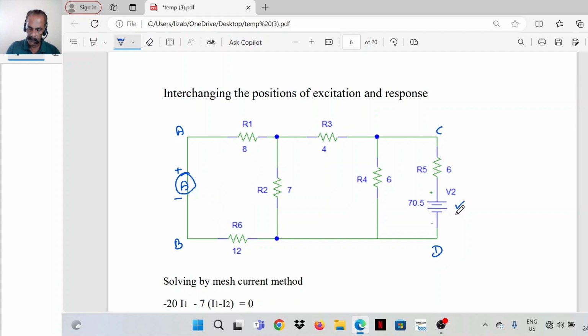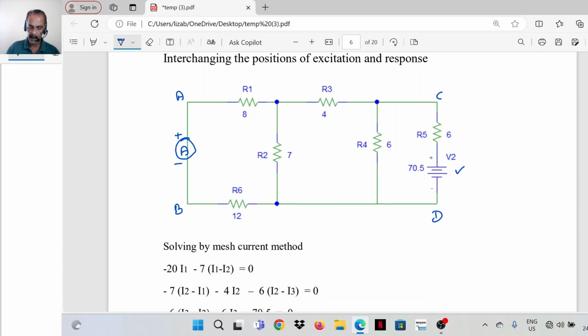So we interchange the position of excitation and response. Excitation is brought to branch CD. The response indicator, the ammeter, is connected in branch AB. Now we have to find out the current through branch AB. So we can simplify this network and divide the currents and find the response in branch AB.